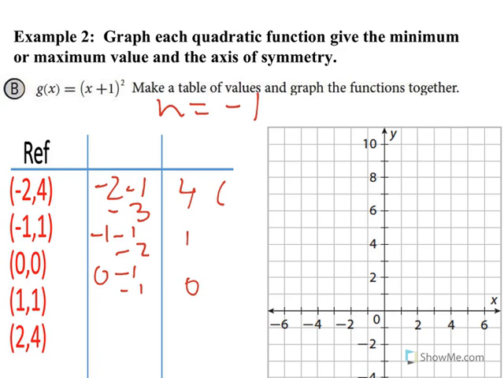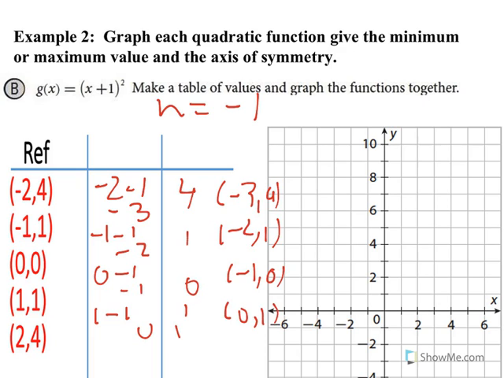So let me make this clear. We have a negative 3 and 4, negative 2 and 1, and -1, 0. So we have 1 minus 1, and 1, so 0, 1, we have a point 0, 1, and here we have 2 minus 1, give us a 1 and a 4, right? So a point 1, 4.